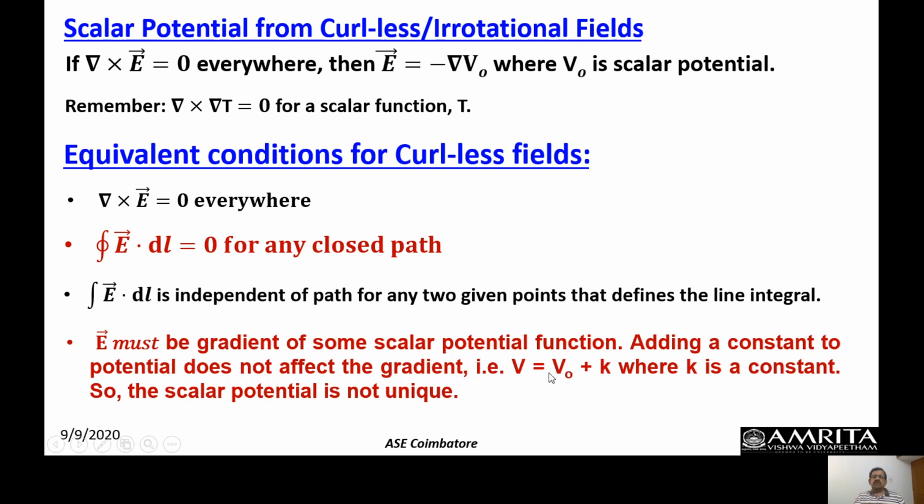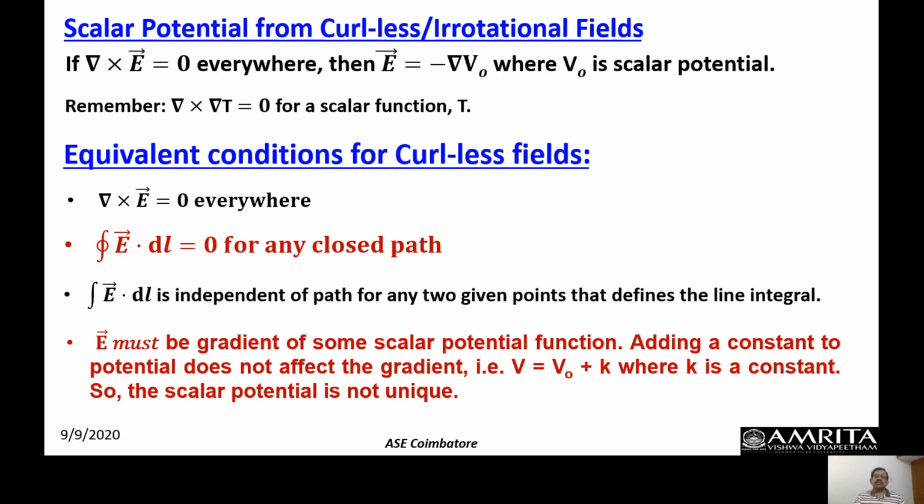So let us say I have the potential function as xyz. If I add xyz plus 5 or xyz plus 100, I am not going to affect its gradient. The E will remain the same. So I can add the constant with impunity without having to worry much. Okay. So the scalar potential is not unique. That is the most important consequence.